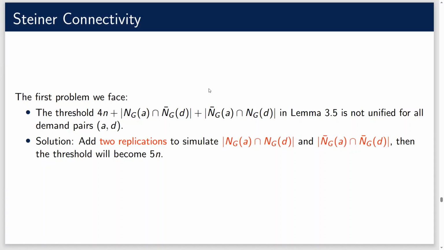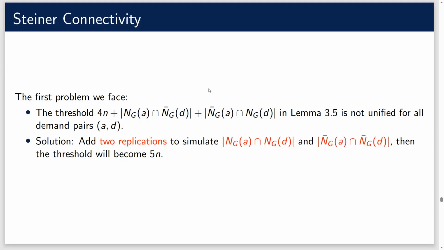There are two small problems we face when using the APVC construction. The first one is that the threshold in Lemma 3.5 is not unified for all demand pairs A and D. Therefore, we don't know which to compare with the final standard vertex connectivity.